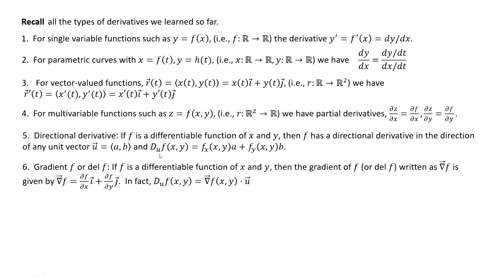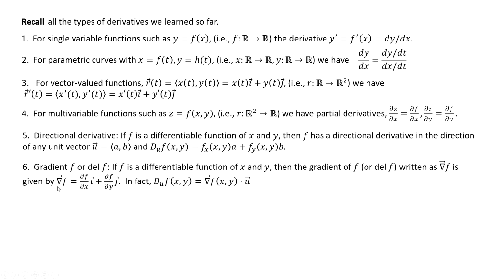When we say D_u of f is a function of x and y, the directional derivative D_u happens to be a scalar quantity. f sub x evaluated at some (x, y) multiplied by a, the x component of the unit vector. That's just telling you which direction you want this directional derivative towards. And so this is two scalars adding up to give us a scalar.